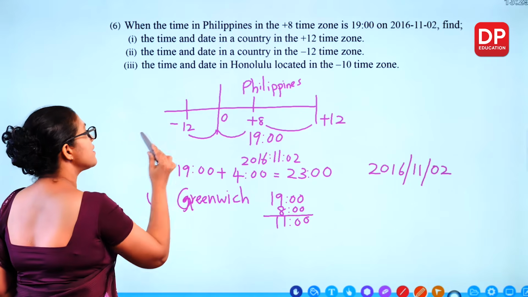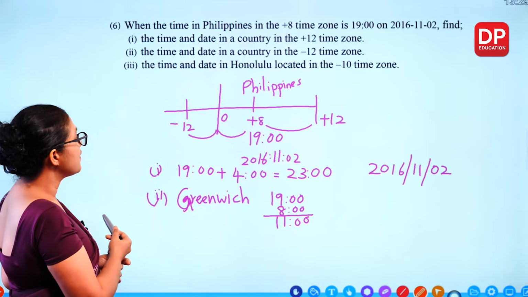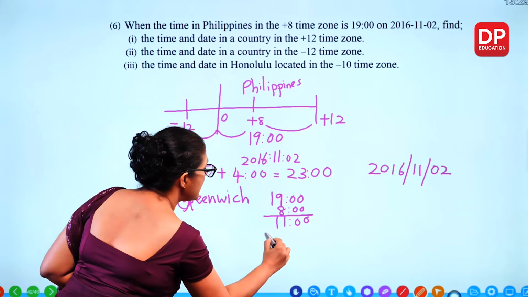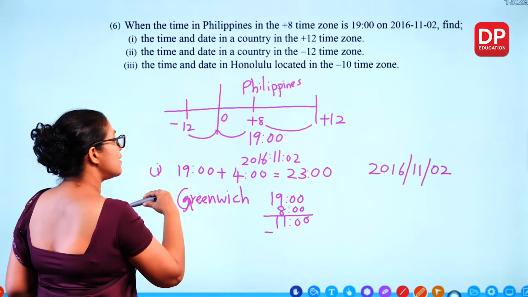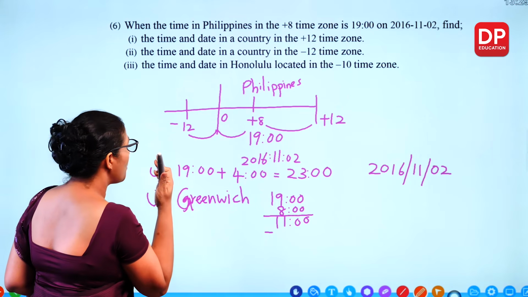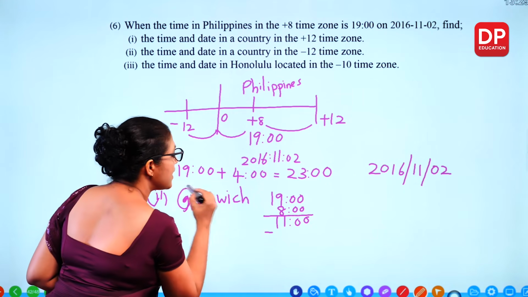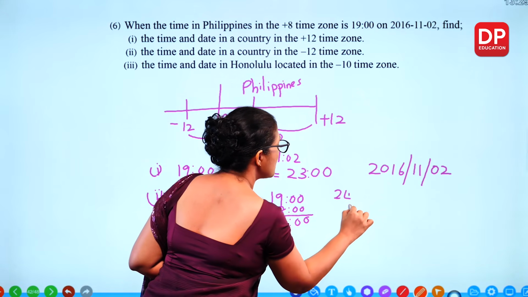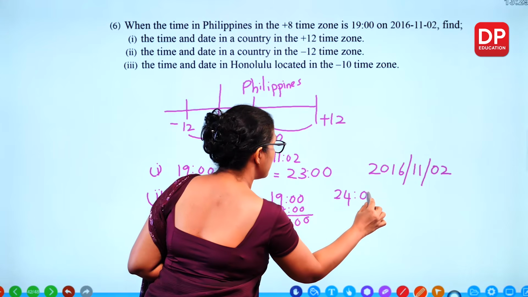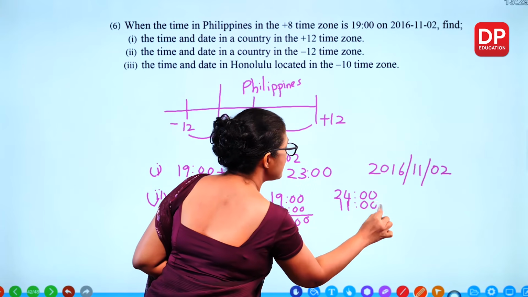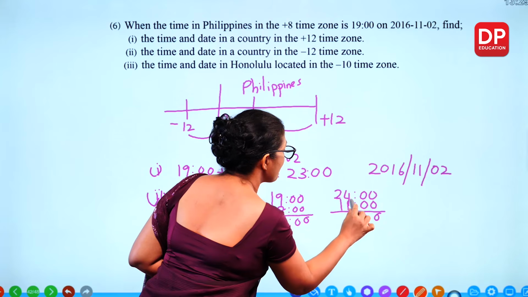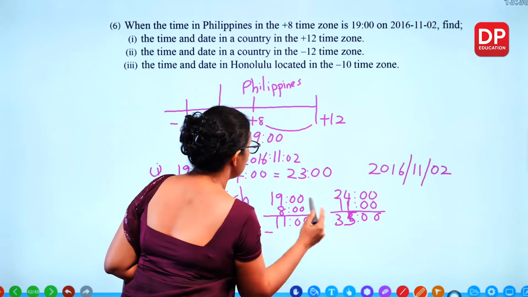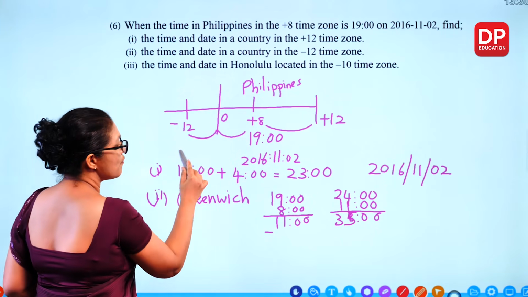Then subtract another 12. Can we subtract another 12? When you subtract 12 from this, it becomes the previous day. So I can write 11 another way: add 24 to that, because we can't subtract 12 from 11. So I can write this one as 35 hours. Now subtract 12 from that.